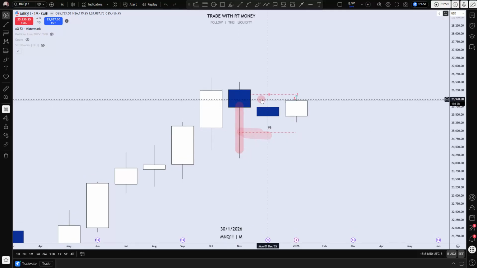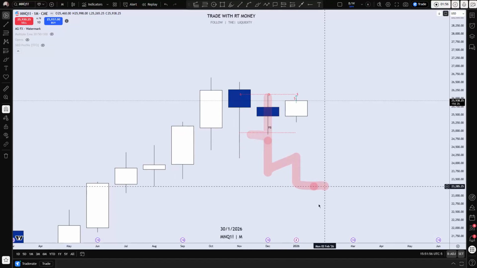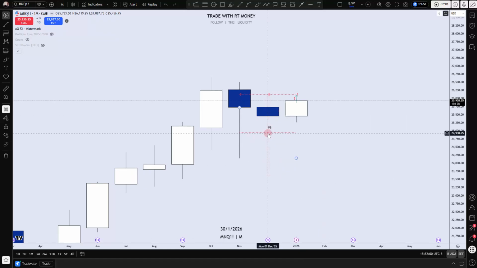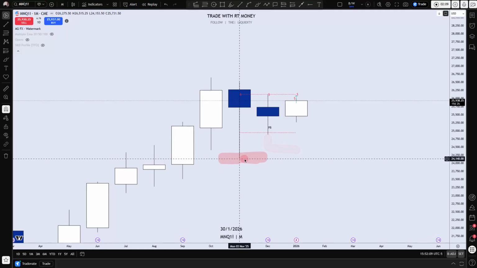You don't want to see the market close beyond that 50%. Why? Because it would indicate more bearishness to come. That would be a tipping of the hand by market makers, and you can have a reasonable expectation that the market is going to trade towards that low.